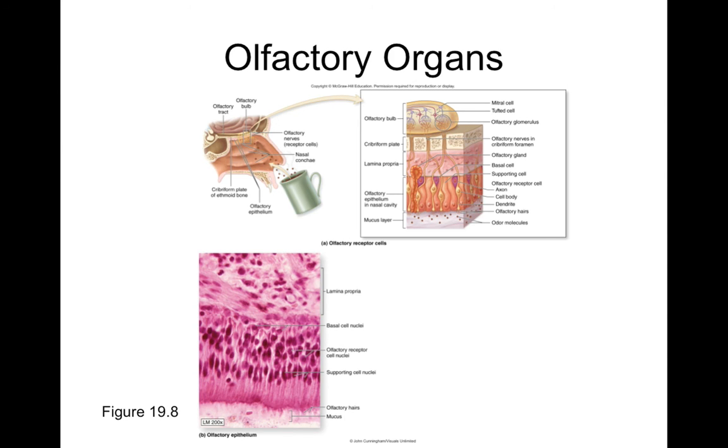Now, what's important to note is that these olfactory sensory neurons have axons that continue up deep through the connective tissue in the nasal cavity, through the cribriform plate of the ethmoid bone, up into the olfactory bulb, which sits right at the base of the brain. We talked about the olfactory bulb as being cranial nerve number 1, which is kind of true.